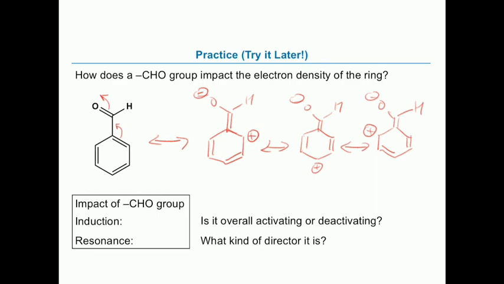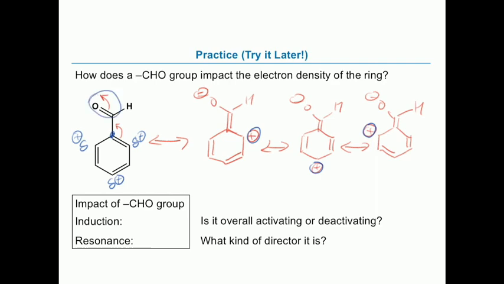So these three point to positive charge building up at these three positions, which relative to the group we're evaluating here means we're going to have a delta plus here, here, and here, just as a result of having this group on this position.